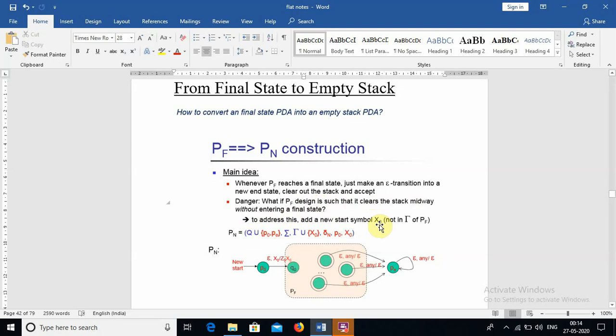That means, like the previous thing we did, we add X naught to the stack. Whenever we find X naught, we directly go to the final state. That is actually happening here. We are combining both. So we are in the PDA final state. After consuming the entire string, when we reach the final state, by performing epsilon transition, we can empty the stack. So it is just vice versa.